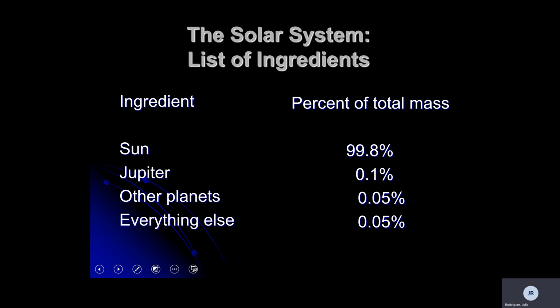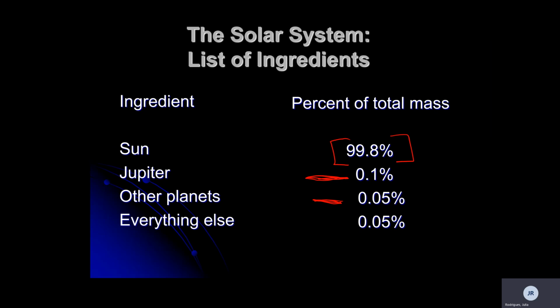So if we're thinking about our list of ingredients in our solar system, our sun is going to have the most mass in our whole system. In our specific system too, Jupiter takes up a little bit more than our other planets here.